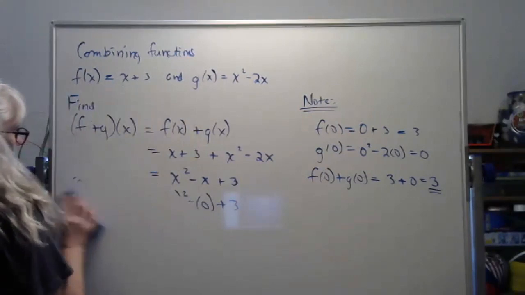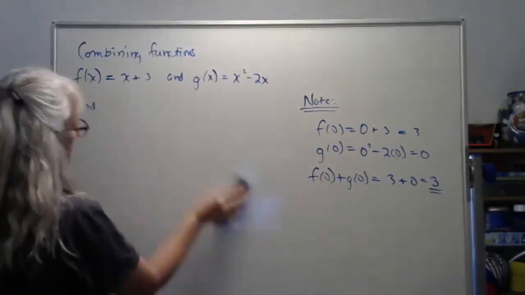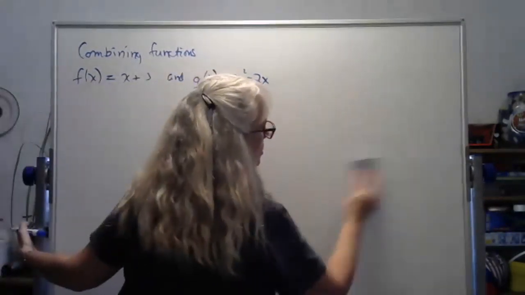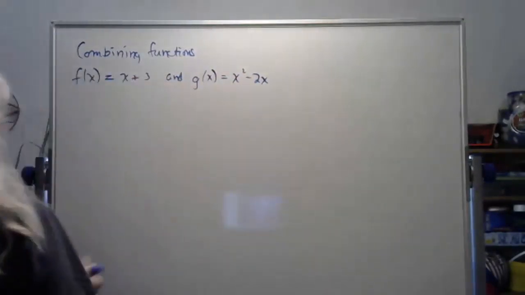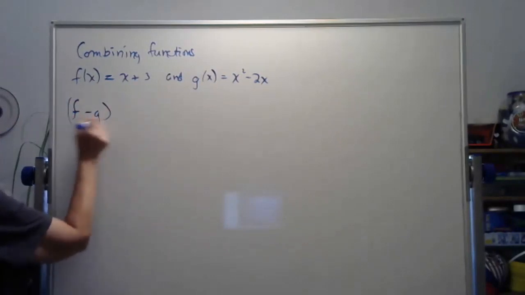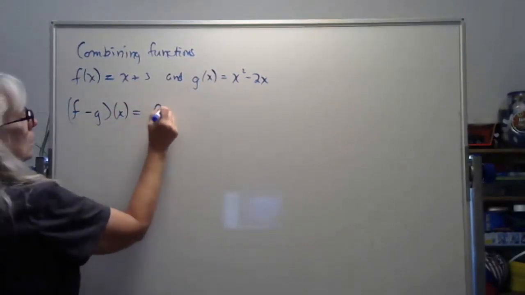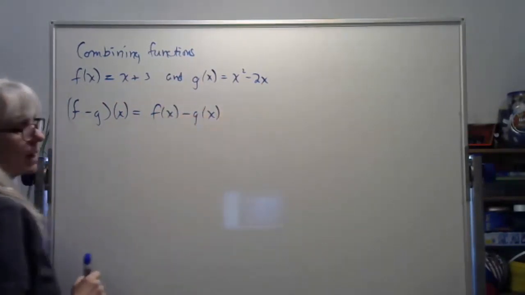Okay, if I can add functions, what else do you think we can do? After addition, they usually teach you to subtract. So we could do f minus g, which would be f of x minus g of x.